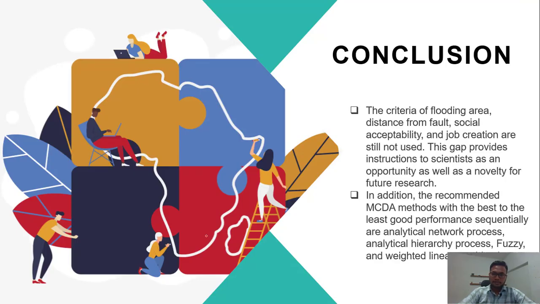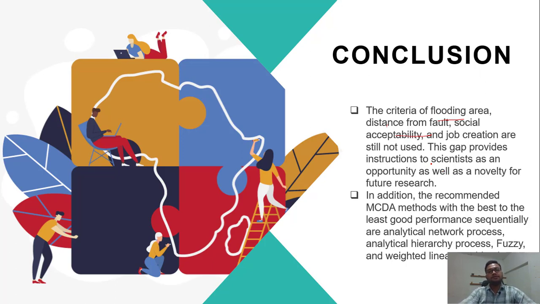So the conclusion of this presentation, I will draw it into two terms. One is that the criteria of flooding area, distance from fault, and job creation are still not used. This gap provides an opportunity as well as a novelty for future research.